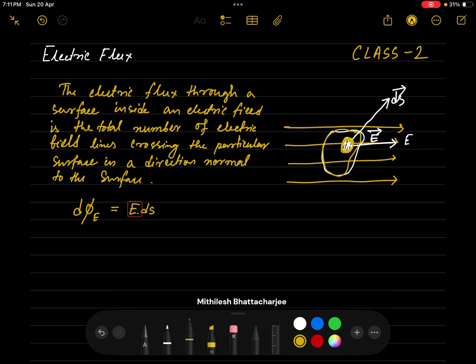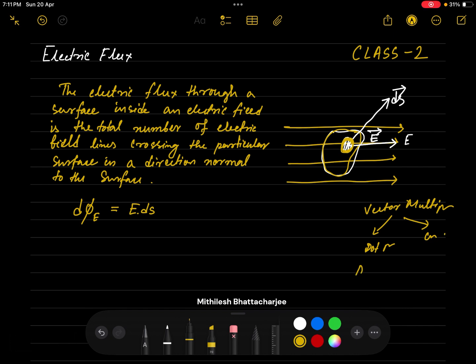Okay, so if we consider the dot product, then we know that vector multiplication is of two types. One is dot product, and one is cross product.